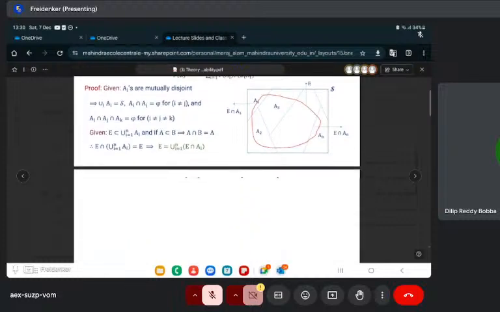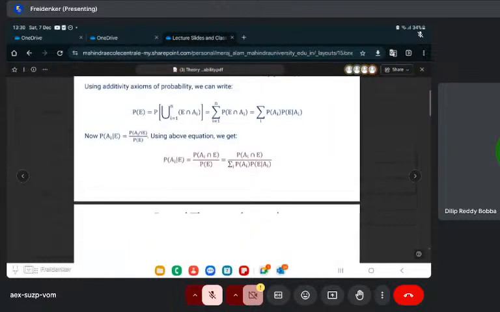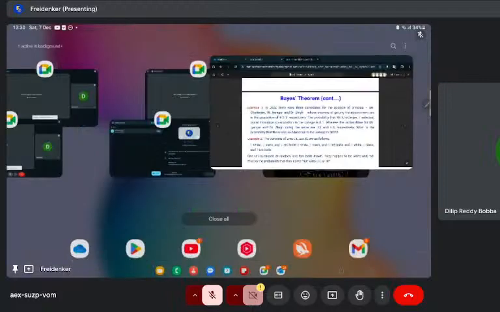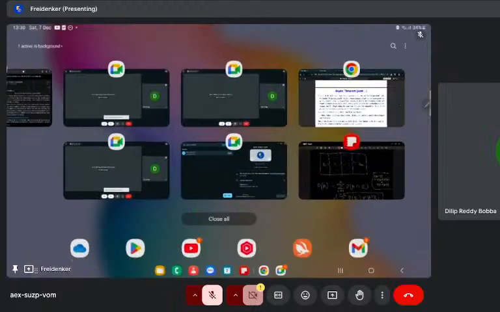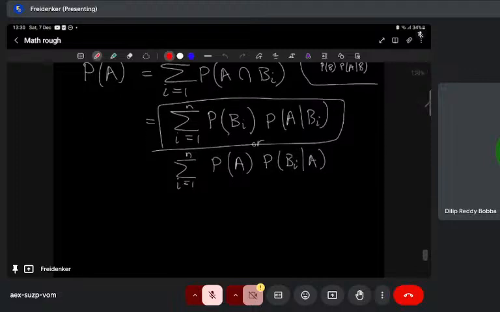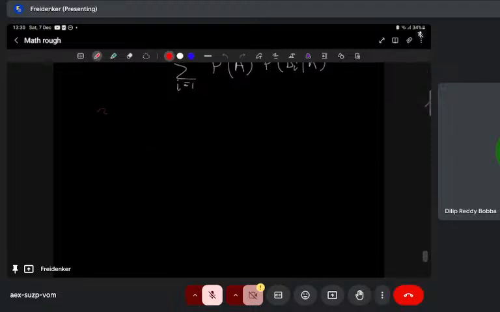Okay, we'll solve this then. We'll solve one problem. We'll solve this problem using Bayes theorem. So what was the proportion again? 4 is to 2 is to 3, right? So we'll write A1, A2, A3.